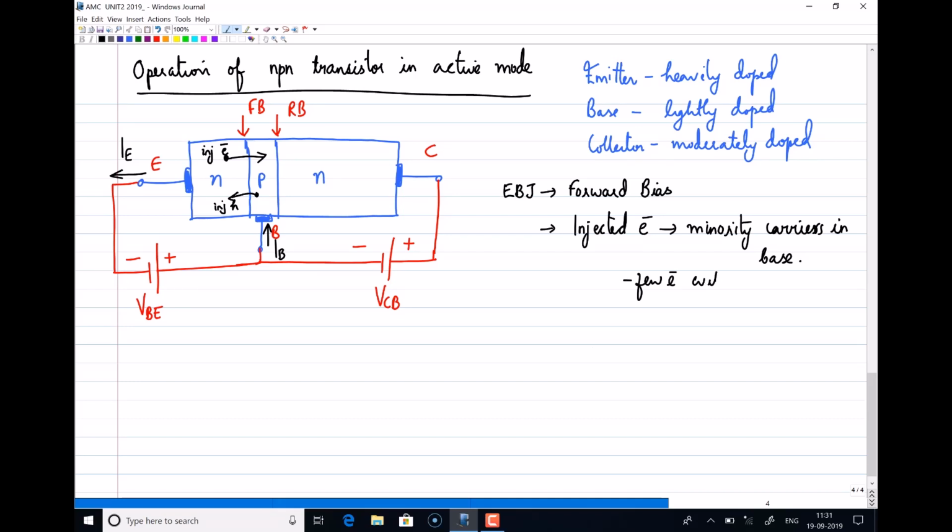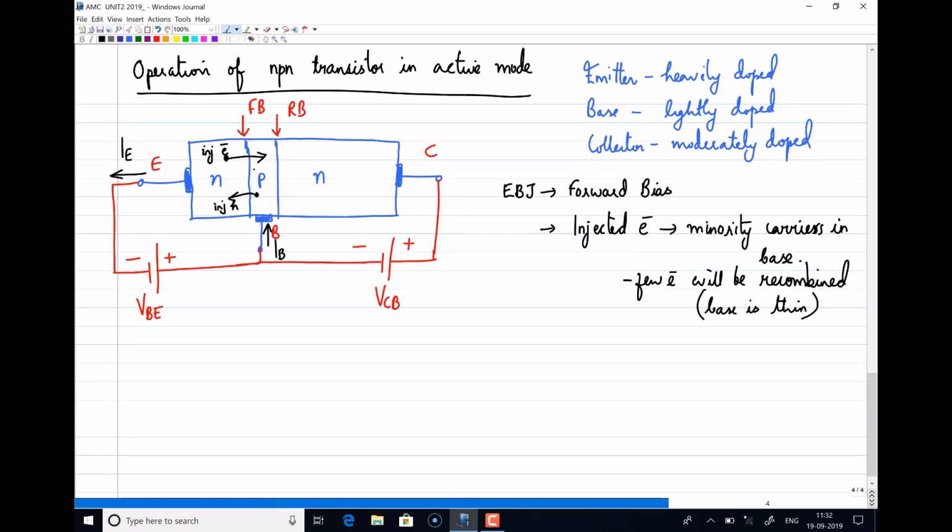So injected electrons are minority carriers in the base, and few electrons will be recombined. Why only few? Because the base is thin.